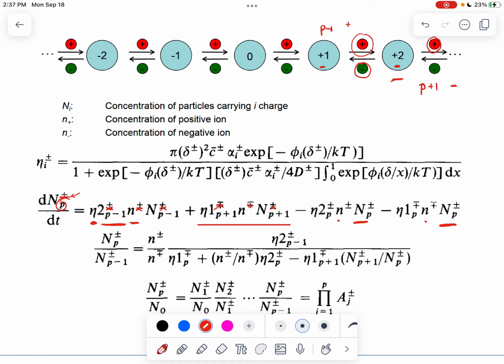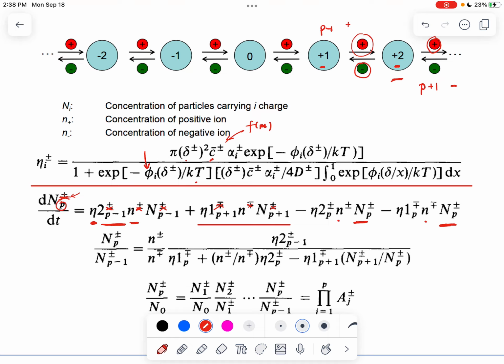Further, these eta values here are just the ion combination coefficient, right? The ion combination coefficient is solved by the Fuchs limiting sphere theory, and that's shown here. So basically, this combination coefficient is related to the electric field surrounding this particle. It's related to temperature, to the diameter of the limiting sphere, and to the velocity of the ions, which is further a function of the mass of the particles, right?